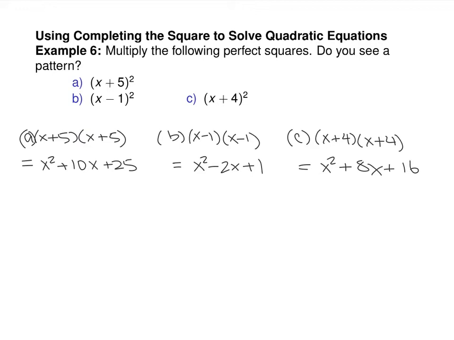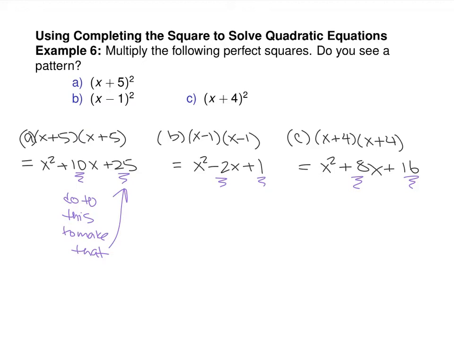All right, now there is a pattern here. What is the pattern that relates this number and this number? What do you do to this to make that? Divide by 2. Half of it's squared, you see that?